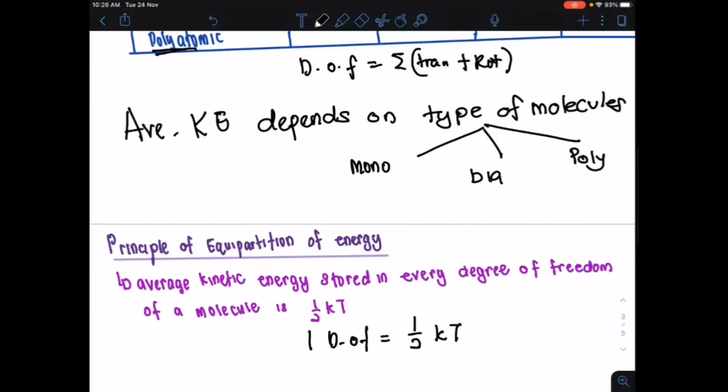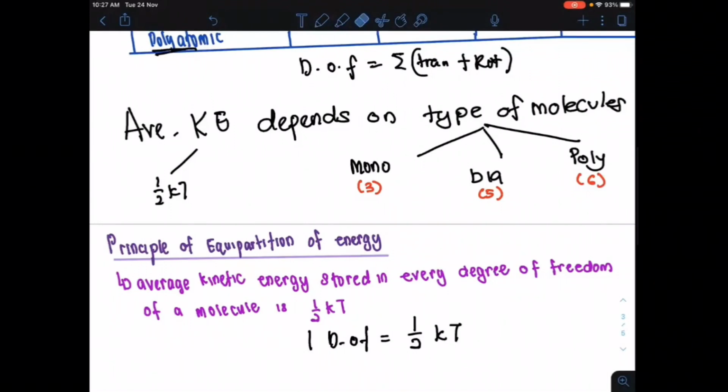Alright. So setiap average kinetic energy adalah sebanyak half kT. Monoatomic dia ada 3 degree of freedom, diatomic 5 degree of freedom, polyatomic ada 6 degree of freedom.